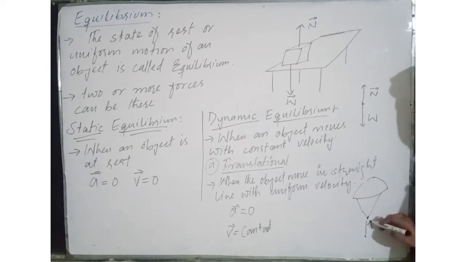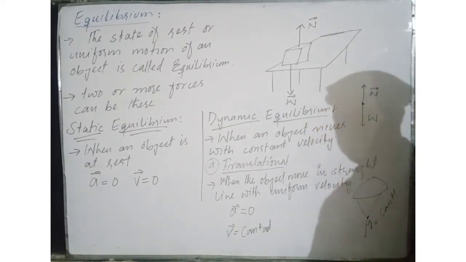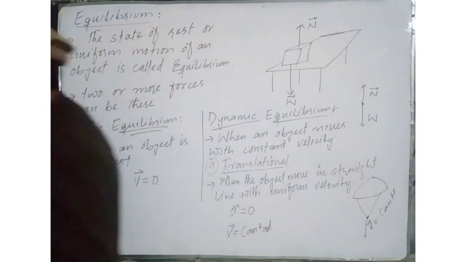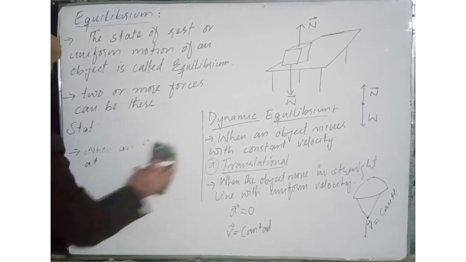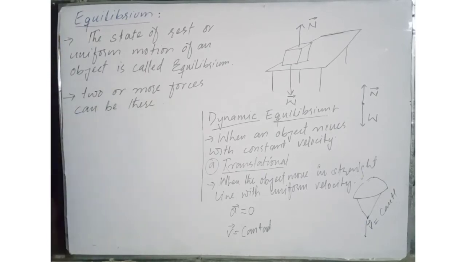So he is moving with some constant velocity, and due to this constant velocity we can say that the paratrooper is actually in translational dynamic equilibrium. Okay, what about the other type of dynamic equilibrium? The next dynamic equilibrium is what we call rotational dynamic equilibrium.